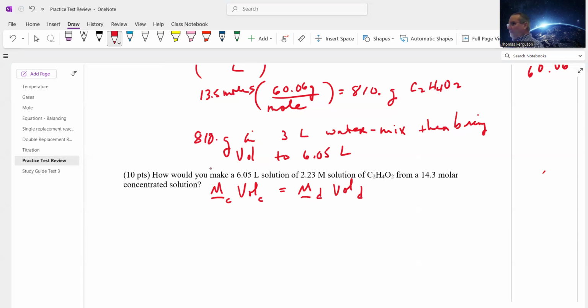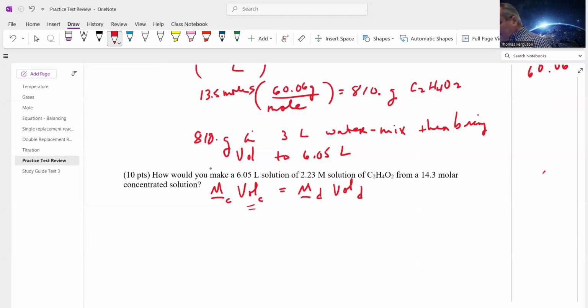What's different is the volume. So we're going to calculate the volume of the concentrated, and then we're going to dilute that small concentrated volume out to the diluted volume. So we're going to solve for basically volume of the concentrated here.